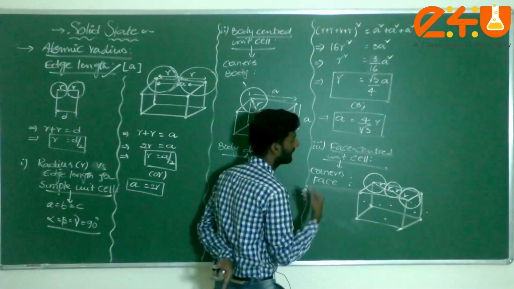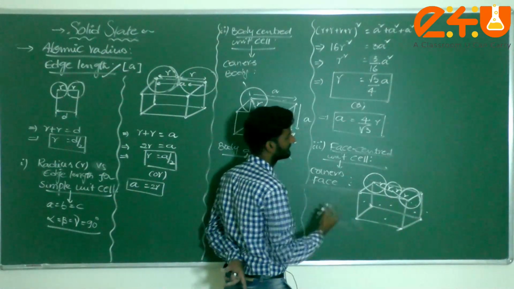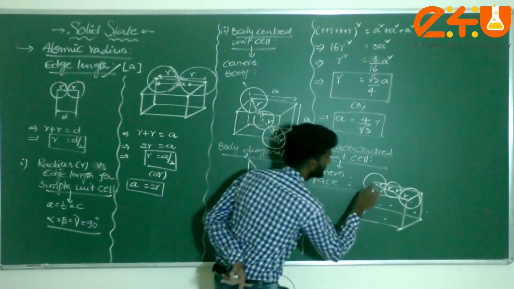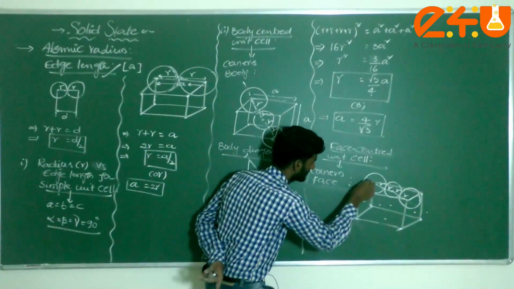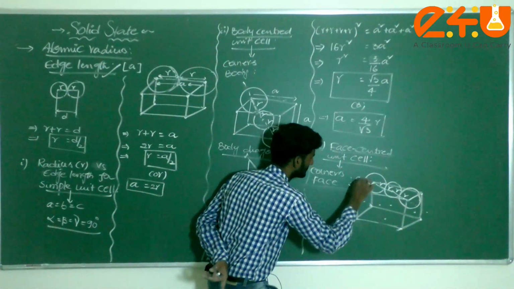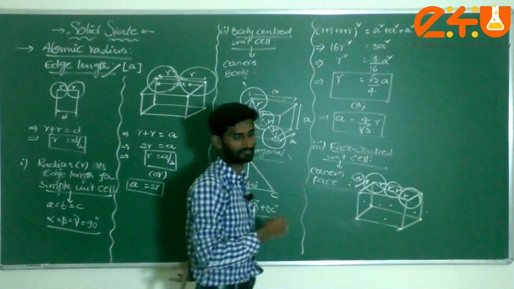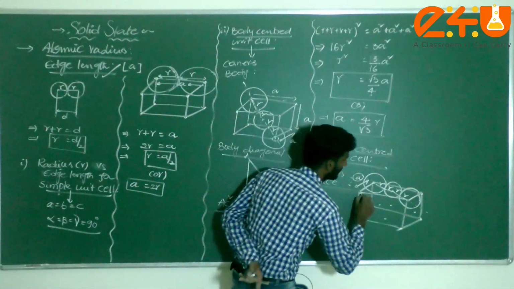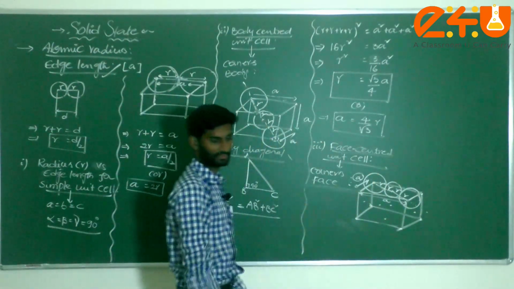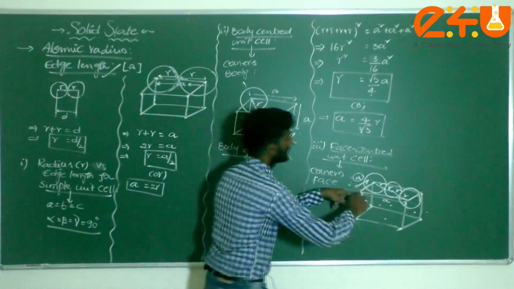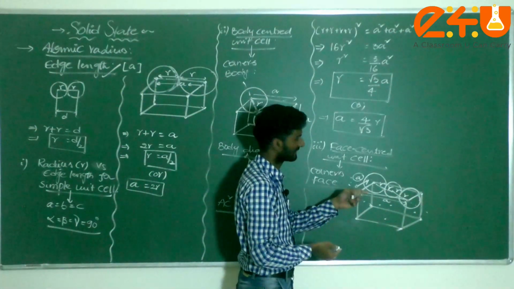Then we have to consider the edge length, dear student. Check it here. From here to here I consider the edge length a. From here to here, this is edge length a. Edge length, dear student, a. Now we have to apply the same Pythagoras theorem here.